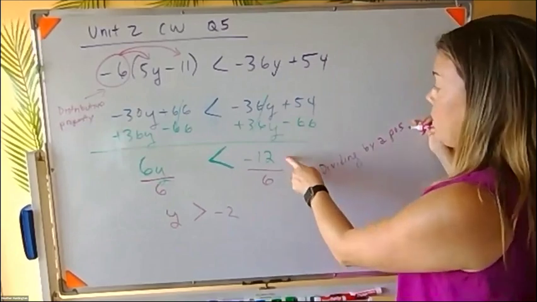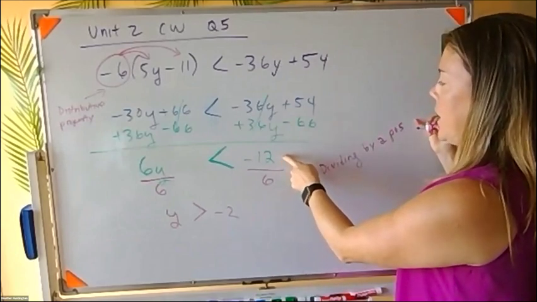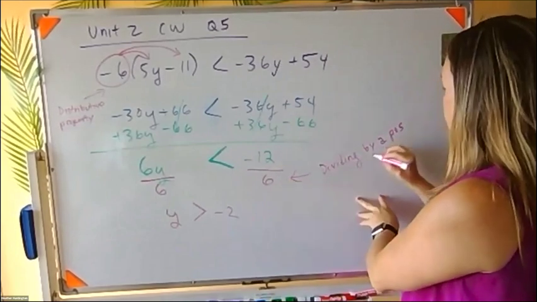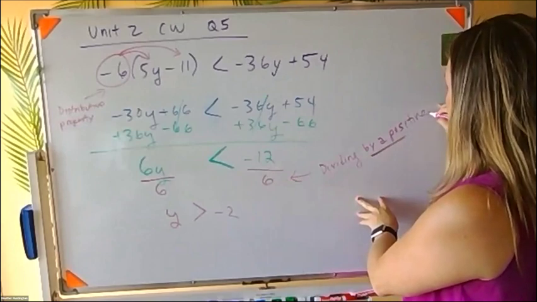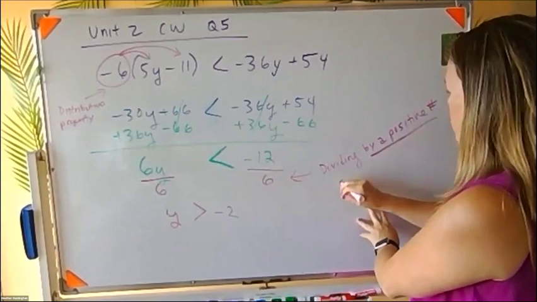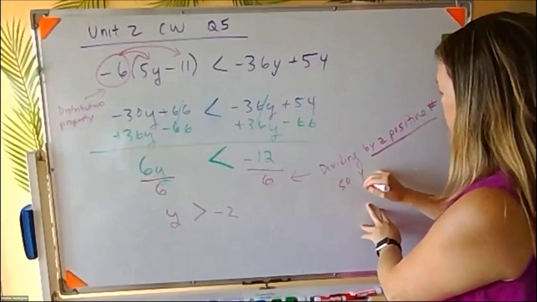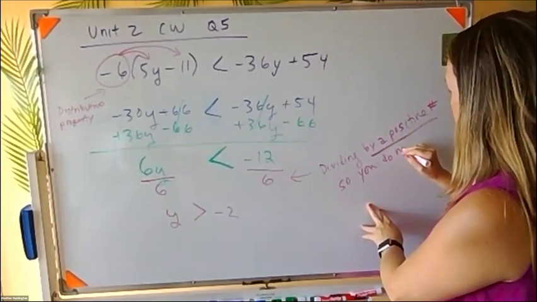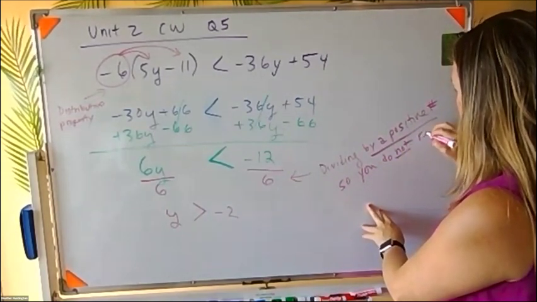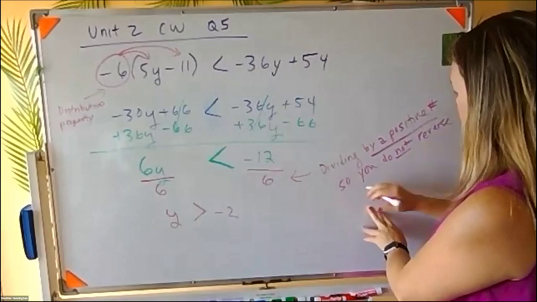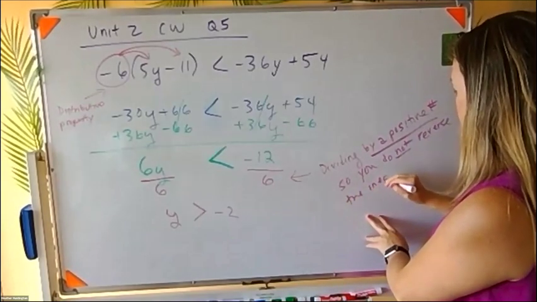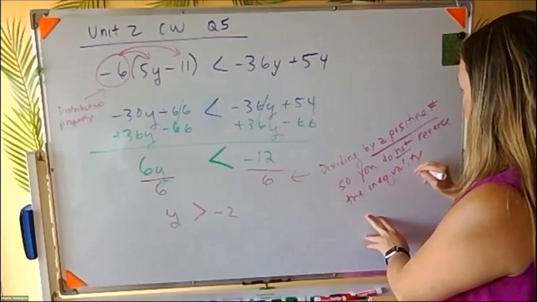Even though this is a negative number, we're dividing by a positive number. So you do not reverse the inequality.